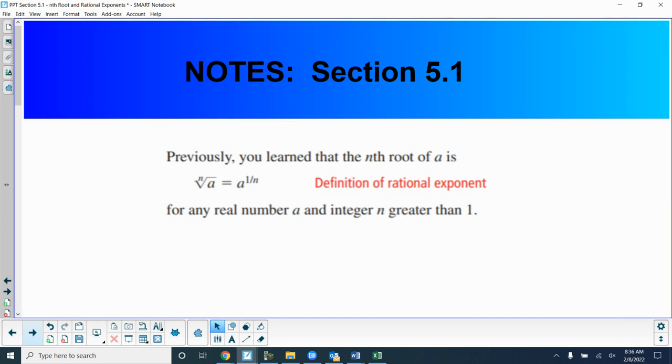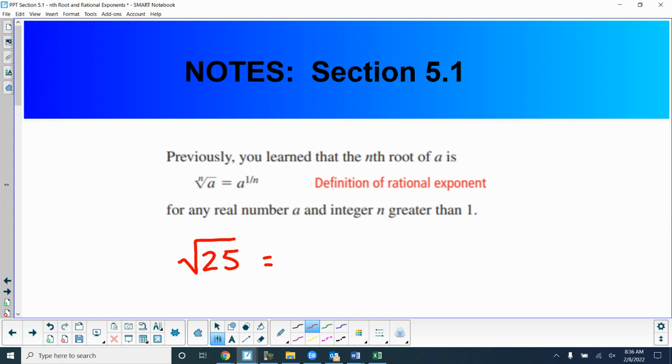It says you learned that the nth root of a is the same as a to the 1 over n power. Okay? So if I have this problem, what root is that?